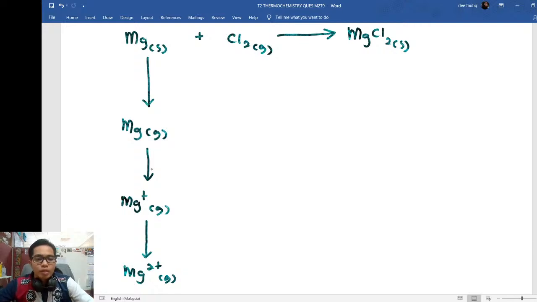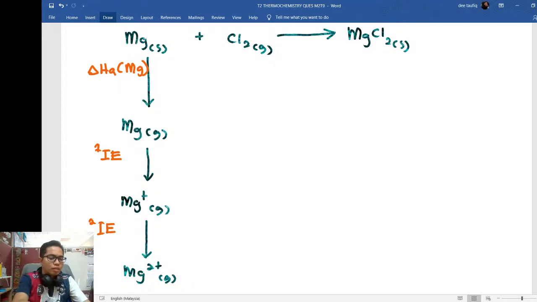Okay. Here if we label, this is enthalpy of atomization for magnesium. And then this is first ionization energy, and this is second ionization energy. So dah alang-alang kat sini, kita terus masukkan dia punya nilai.